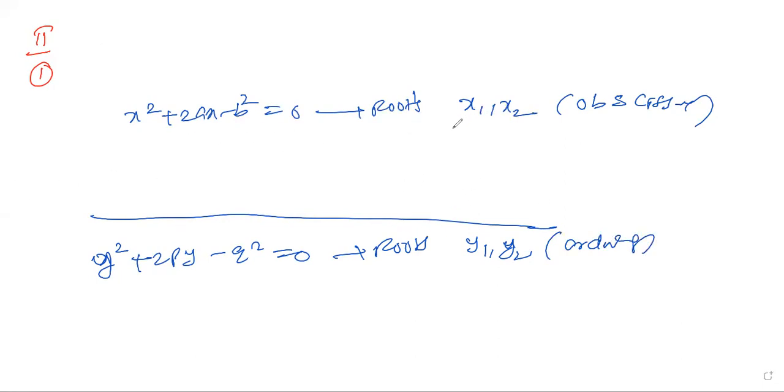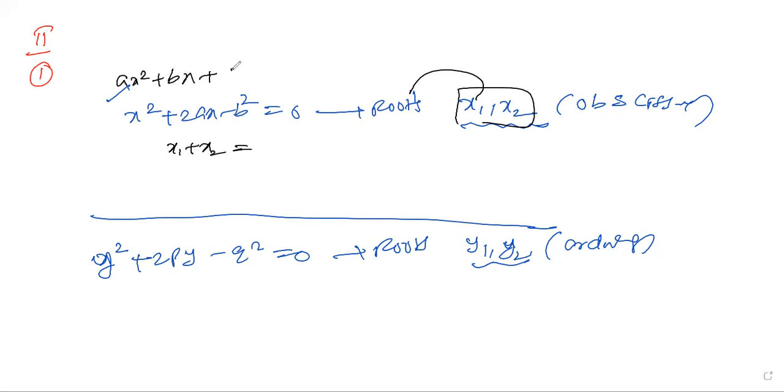So we have x1, x2 as the roots for the first equation and y1, y2 for the second equation. For a second order equation, we have relations. The sum of the roots is minus b by a, for the equation ax square plus bx plus c is equal to 0.